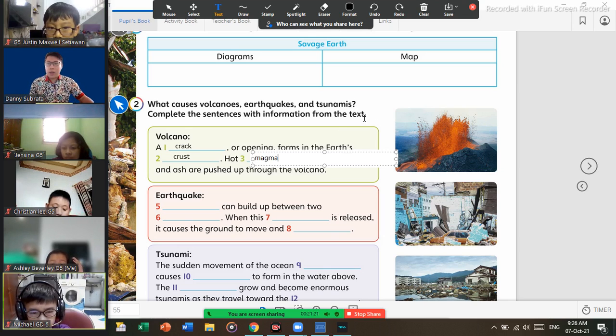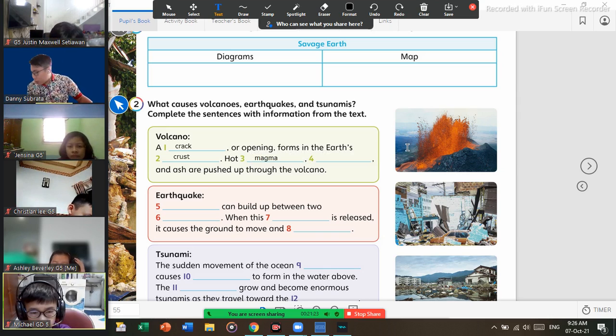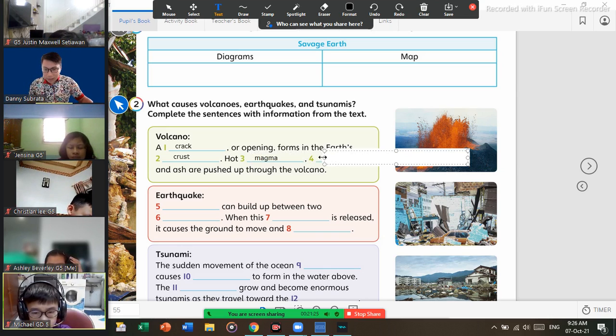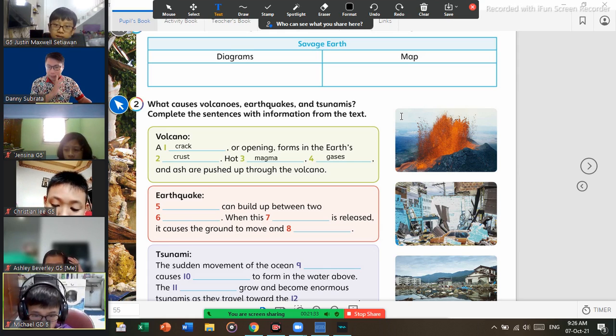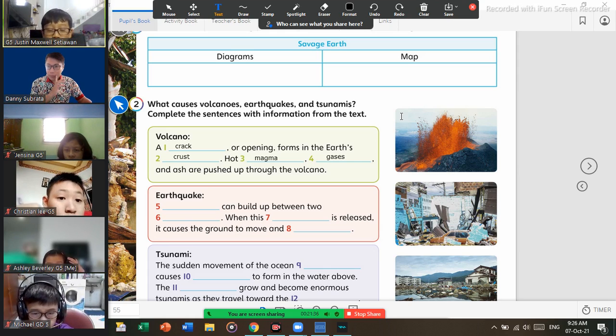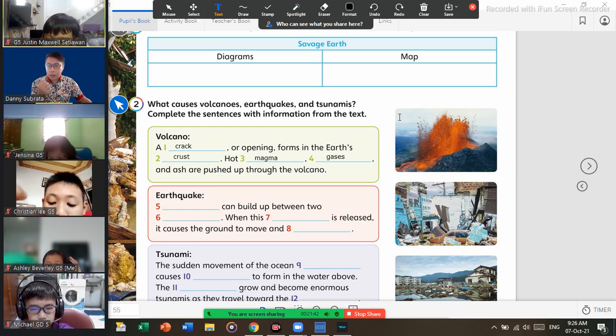That's right. Okay, hot magma, and then also gases. Hot magma, gases, and ash are pushed up through the volcano. What gases? Like sulfur dioxide, nitrogen dioxide. It's more like carbon dioxide, carbon monoxide from there, and the sulfur also.